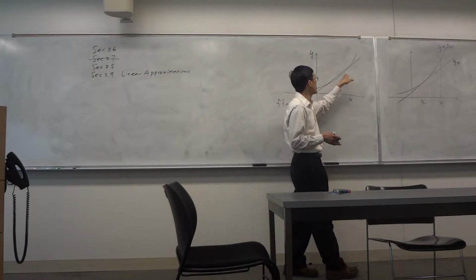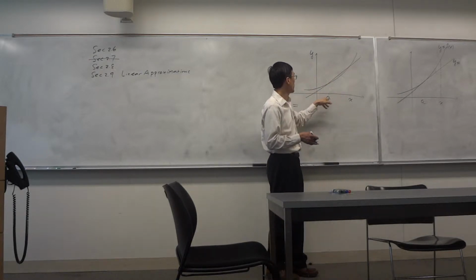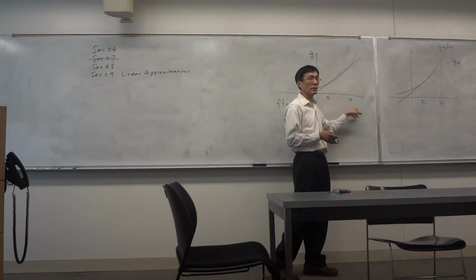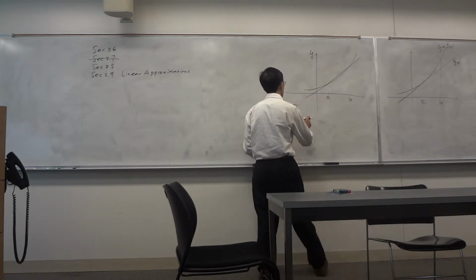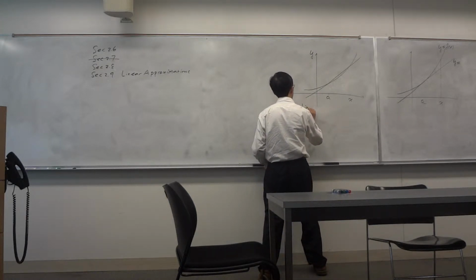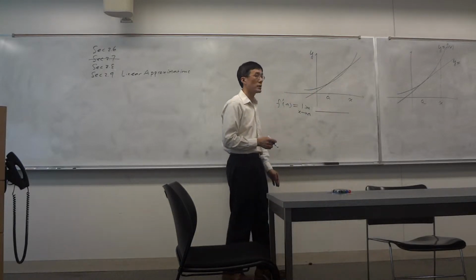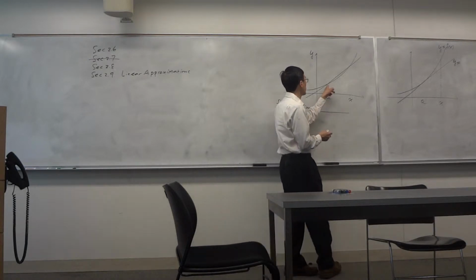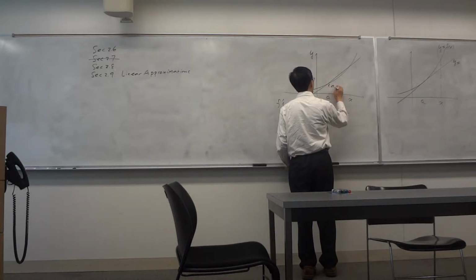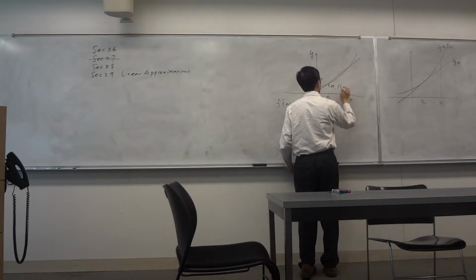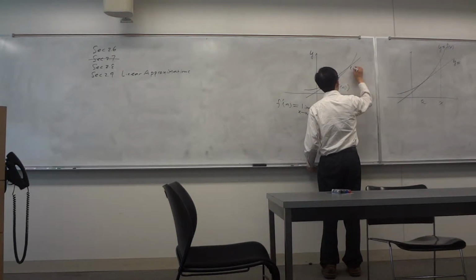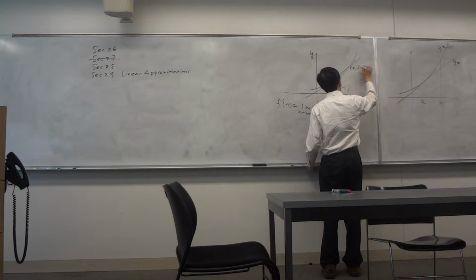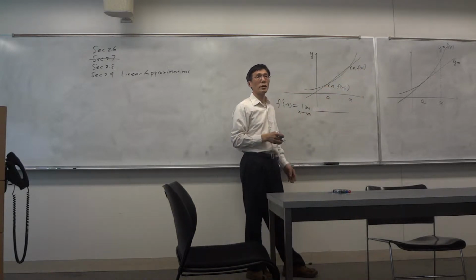So what we did was take a secant line from point A to point X, and then let X approach A and take the limit as X approaches A of the slope of the secant line. The first point was x equals a, y equals f(a), and the second point is x equals x, y equals f(x).